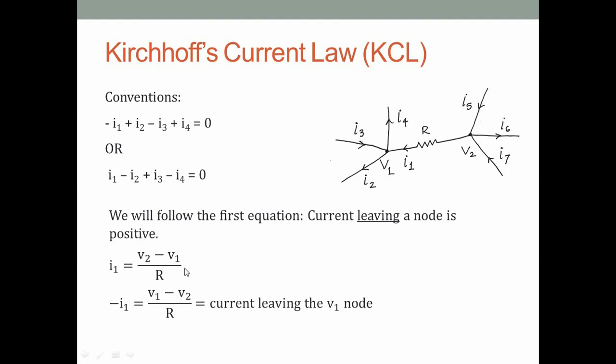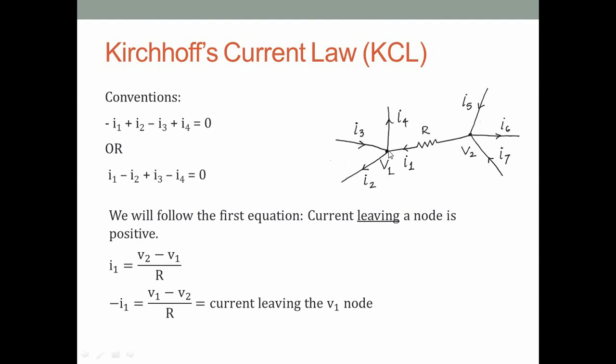The other thing, which is very straightforward but still very tricky because a lot of students get confused about this, so I'm going to talk about it. Let us look at this element R that is connected between these two nodes, and these two node voltages are V1 and V2, and the current I1 is flowing from V2 to V1.